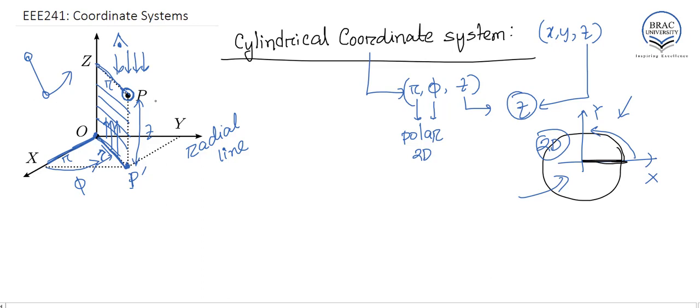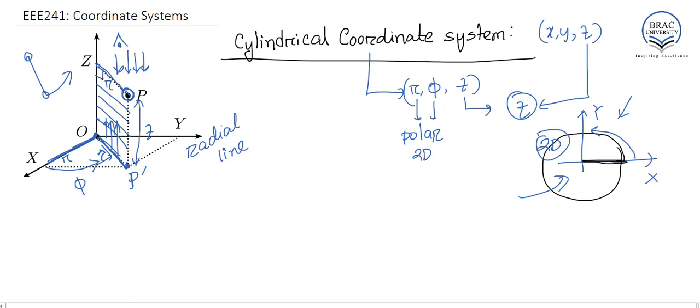So there are three variables that are going to specify the point over here. The first one is the distance from the origin. Okay, this distance, this r, is a little tricky. This r is not the distance of point P from origin, right? This is rather the distance of P from the z-axis, all right?